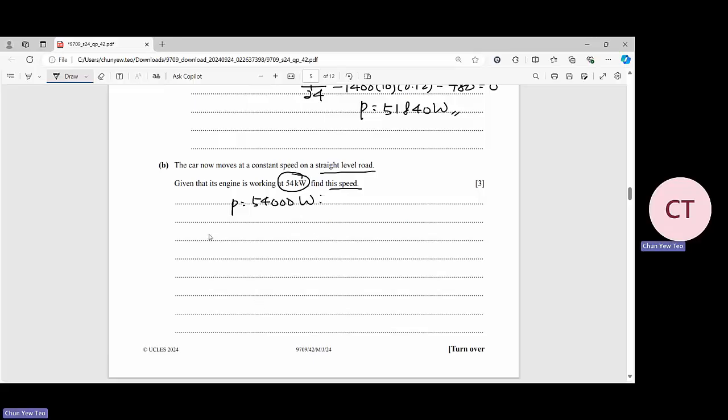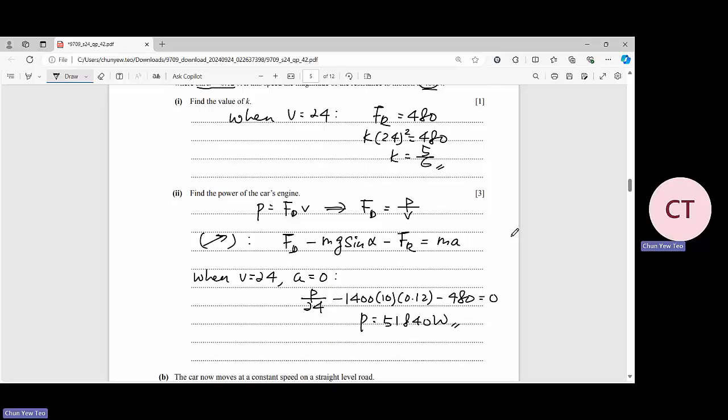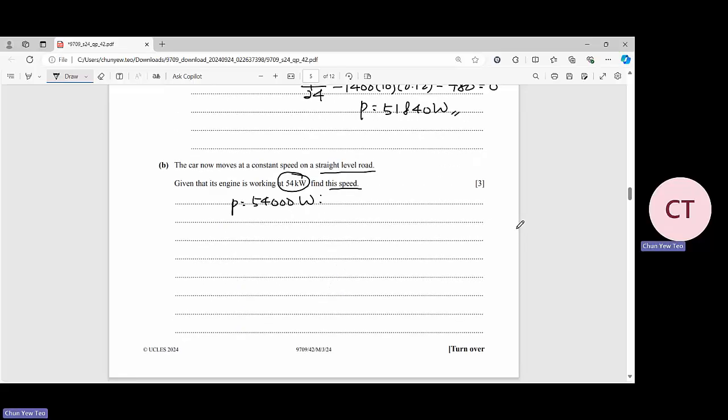By using this formula again, your driving force is P over v. I just need to show that I'm moving horizontally. So the driving force minus the resistance force will be equal to ma.